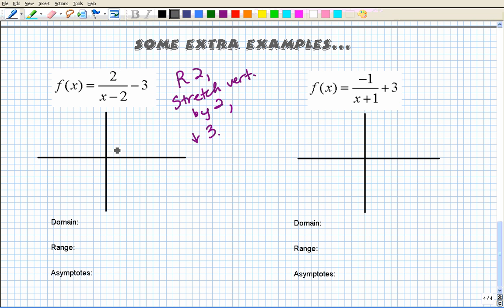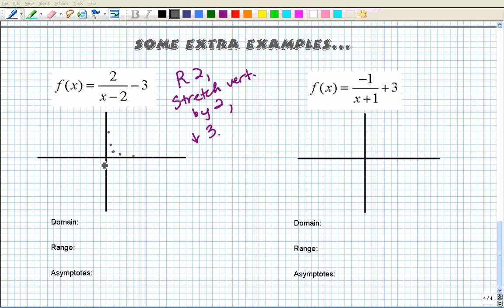So one way you could do this is to start out by putting your parent points on the graph. We've got 1/4, 4, 1/2, 2, 1, 1, 2, 1/2, and 4, 1/4.